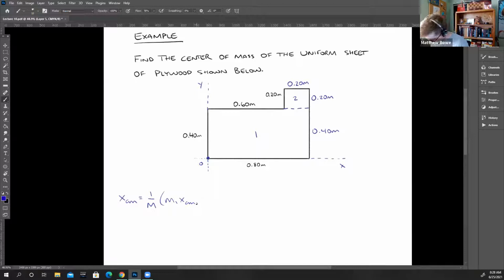Let's say x center mass 1 plus M2 x center mass 2. And over on the right, I will put the y section, the vertical section. Same exact thing, except in the vertical direction.